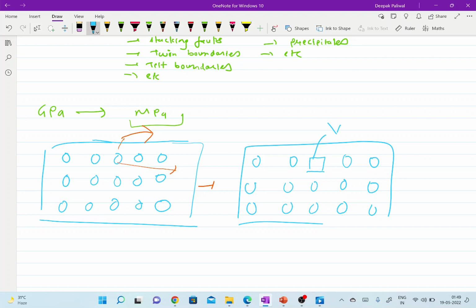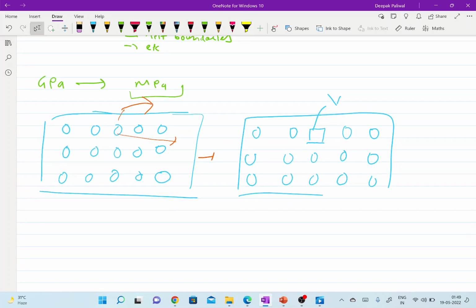From this concept we can understand another defect. Suppose this atom displaces, or moves to here. This atom is called the self interstitial. Why self interstitial?